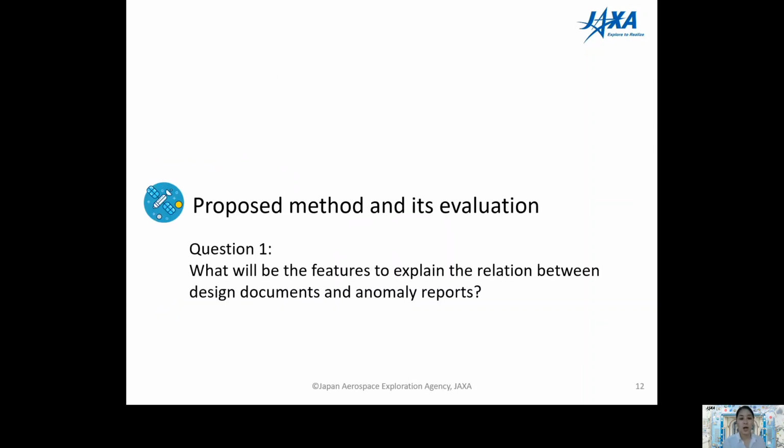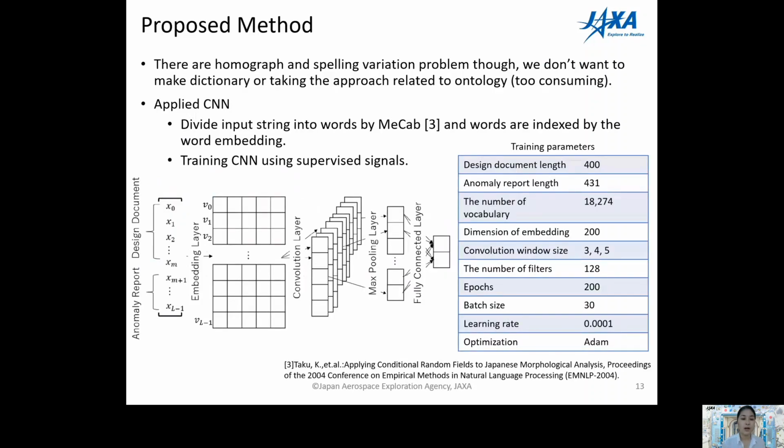So we would like to introduce our proposed method and its evaluation result. This corresponds to question number 1: what will be the feature to explain the relation between design documents and anomaly reports? This is the proposed method.